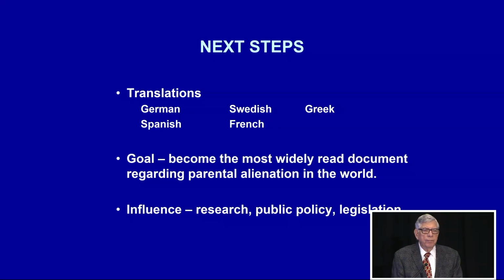Anybody want to guess? Yes, that's the Bible. The most widely read book regarding parental alienation is Divorce Poison, Richard Warshak's book. And there was an original one, and then there was an update, and so on. But that's been translated into 7 or 8 languages, and at least according to Dr. Warshak, that is the most widely read book in the world on this topic.